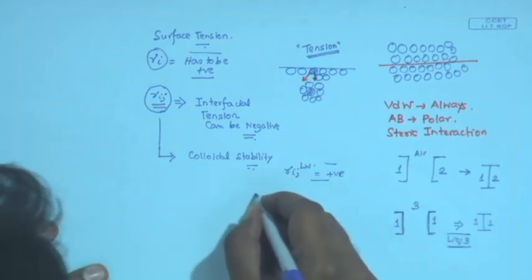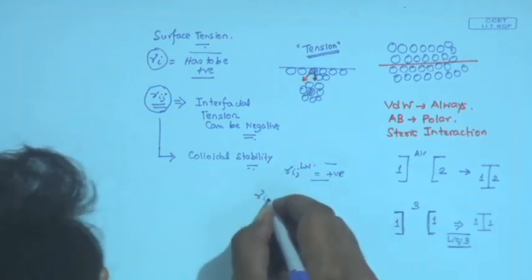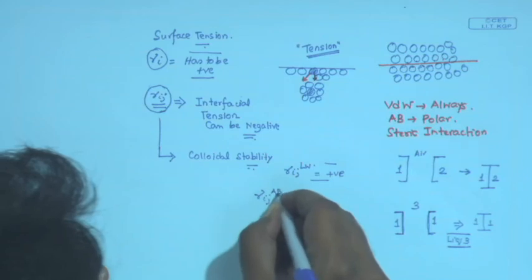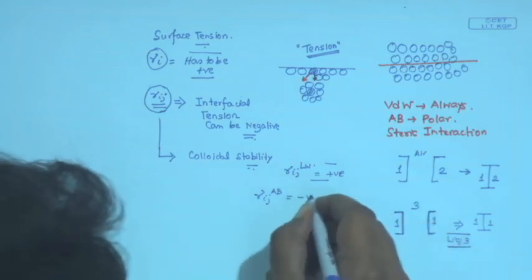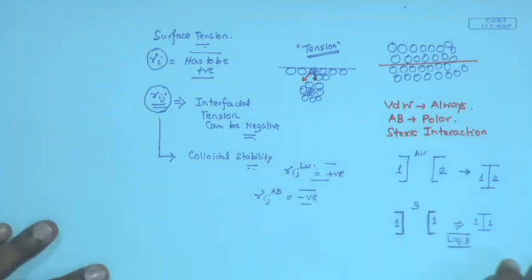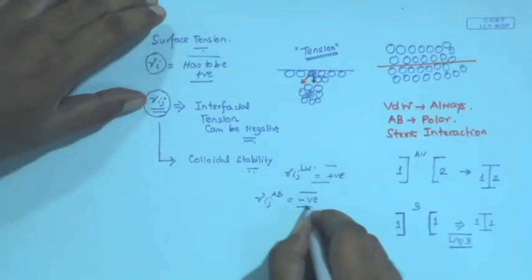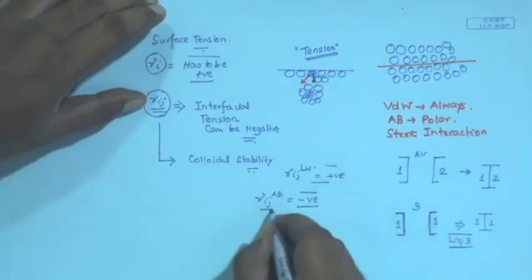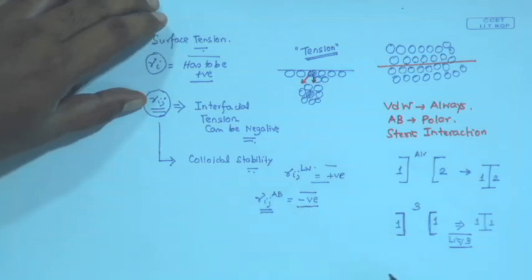If you have polar interaction in your system, depending on the relative magnitude of the cohesive and the adhesive components of the polar components of the individual materials, you can have a positive or negative value of interfacial tension.